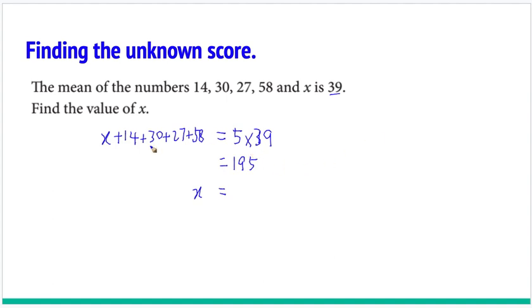Okay, so there are actually 129 plus x, which is 66. And that is the missing number.